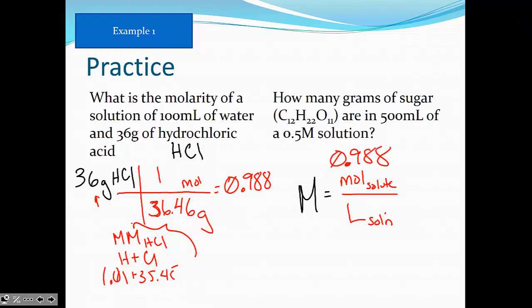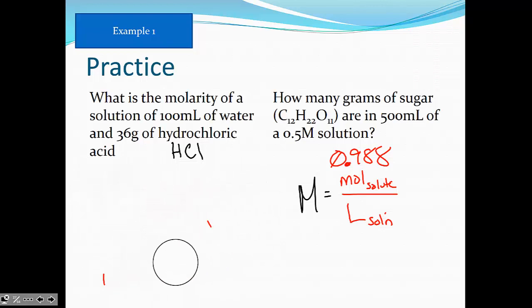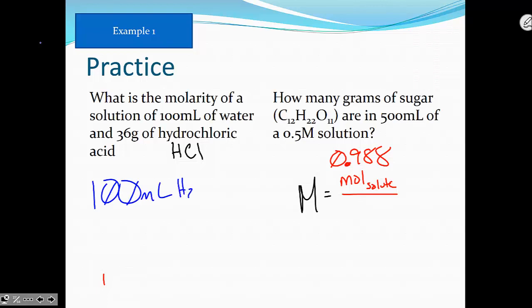The next part of this problem had us tackle our denominator, our liters of solution. If we have 100 milliliters of water, we're going to dissolve our hydrochloric acid in it. Let's assume that the hydrochloric acid has no volume. It's a bit of an assumption, but that means our liters of solution here is just of the water.